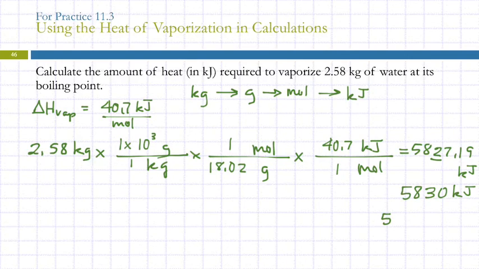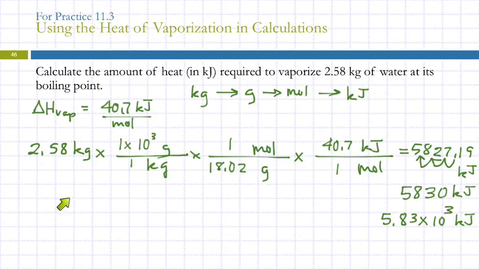If you're not good with that, do scientific notation. 5.8, okay, I need to round the 2. It's going to round up to a 3. There's my 3 sig figs, times 10 to the, and then look, how many places did I move the decimal? 1, 2, 3. It's a big number. It's a positive exponent. There we go.